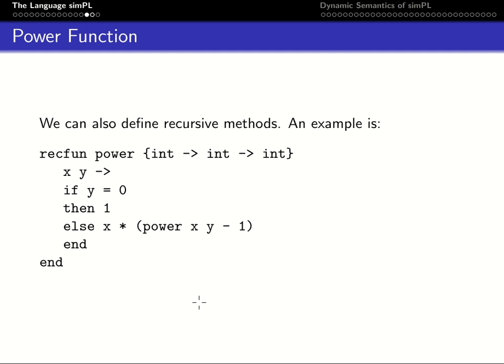So notice the fact that in this syntax, we're essentially saying that power is the name of this whole thing. And I can use it in here. Okay? The type of this entire thing is this.